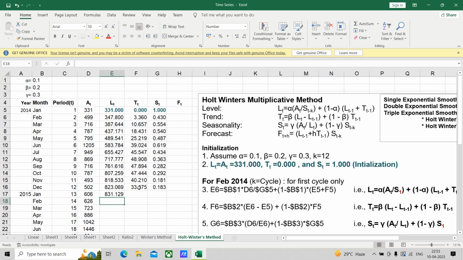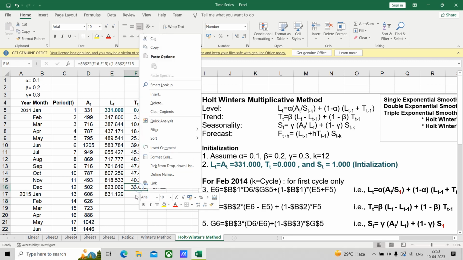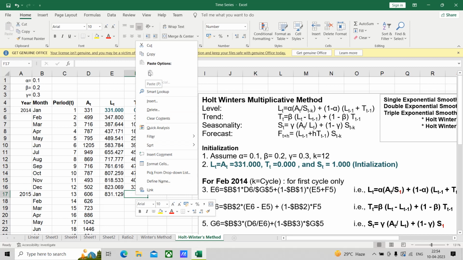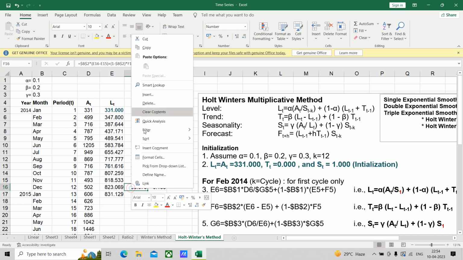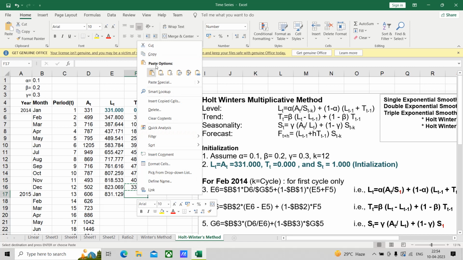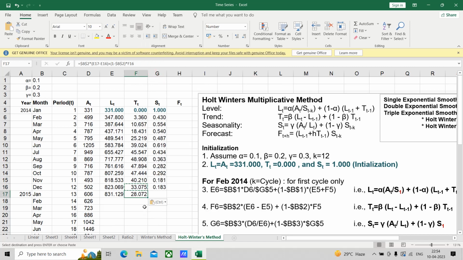Similarly, we copy this formula into this cell and paste it here. Copy, then paste this formula at this place, and it will calculate the trend value. And in this formula there is no change because this second formula is common for all the values.